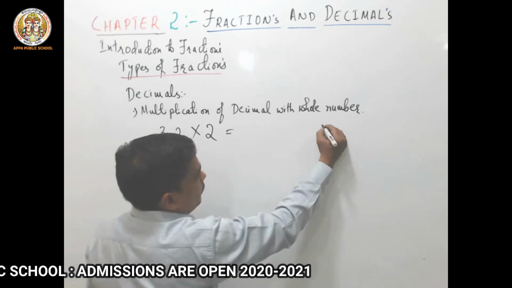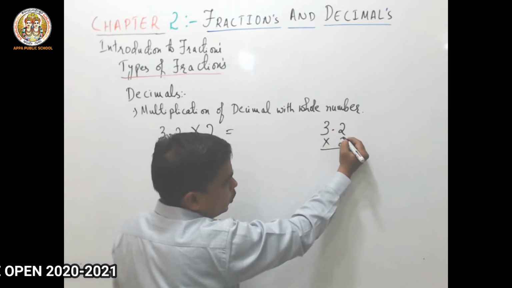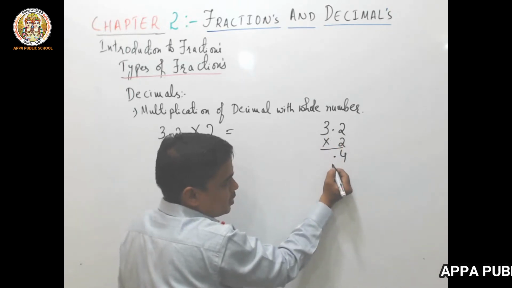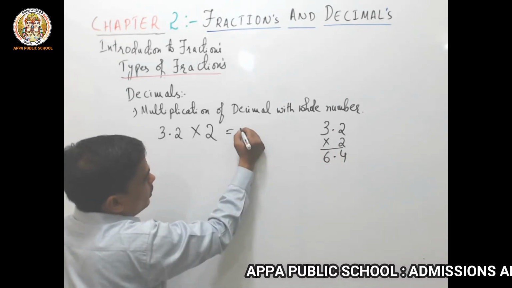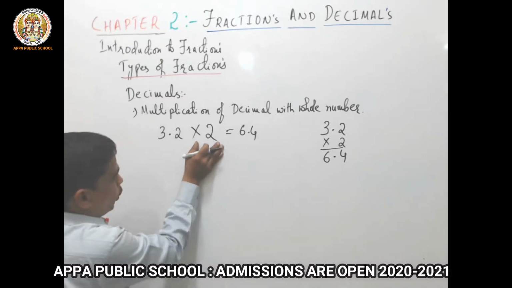So if I multiply 3.2 into 2, what will be its answer? 2 2s are 4. Okay. Next there is a decimal point. Place this decimal point here only. 3 2s are 6. 6.4 is the answer.